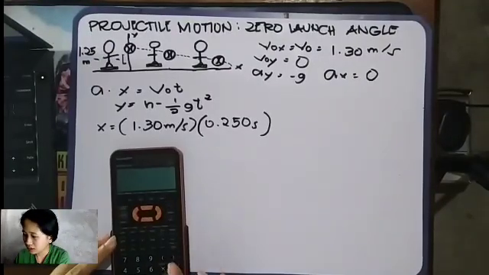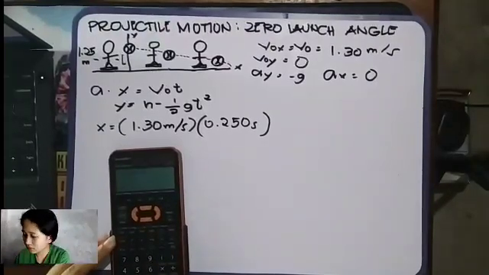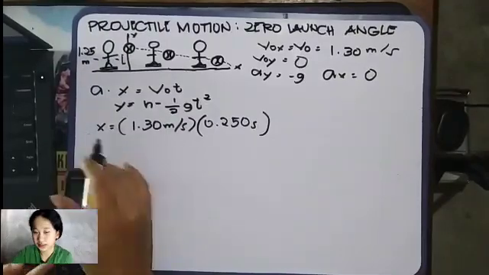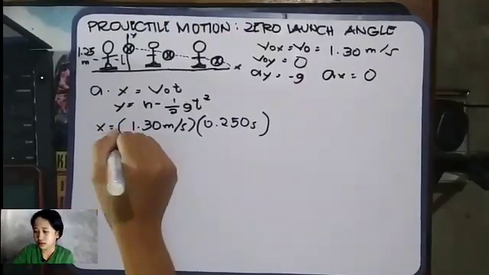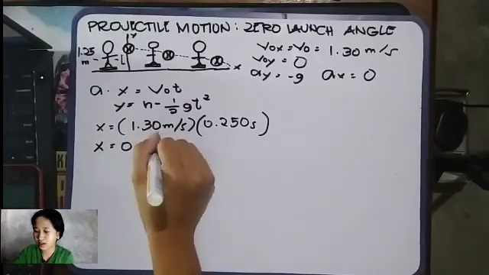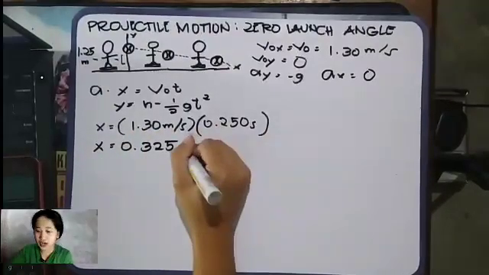1.30 times 0.250 is equals to ang X natin sa may time na to is 0.325 meter.